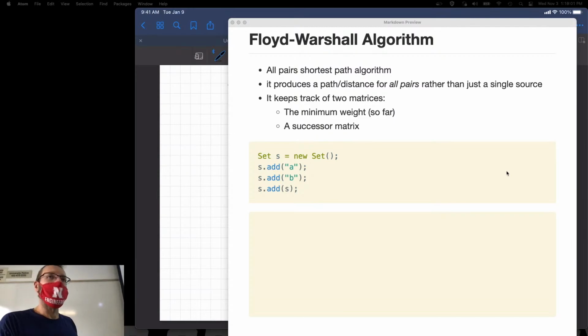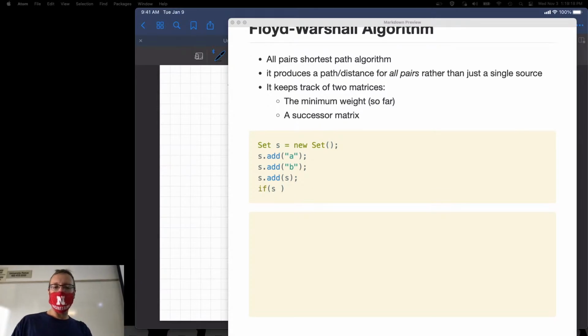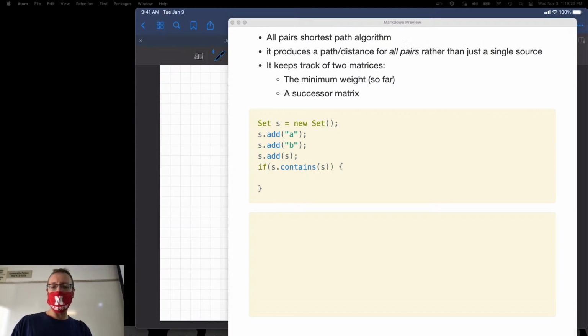So, can you do this in Java, by the way? Try it. As long as you're using raw types like this, you can. Try printing it out. Try asking whether or not S is part of the set. If S.contains(S), System.out.println.